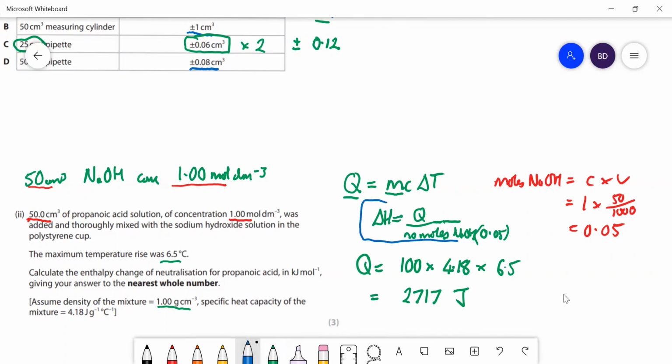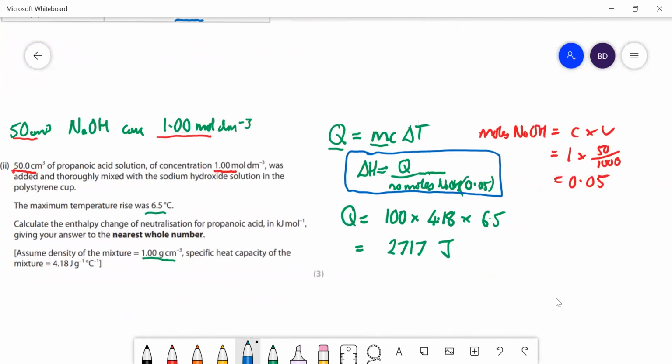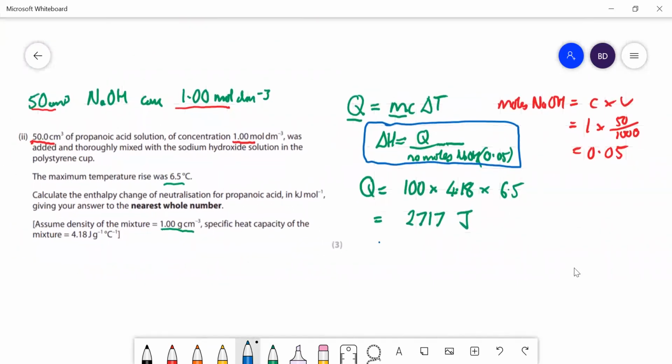Now we need to convert that value of Q into delta H using that equation there. So delta H is equal to Q, 2717 over the moles of NaOH, that's 0.05. Work that out, we get a value there of 54,340 joules per mole.